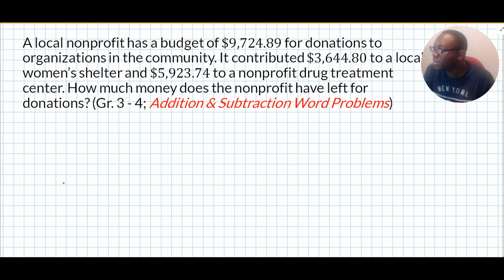It contributed $3,644.80 to a local women's shelter and $5,923.74 to a nonprofit drug treatment center. How much money does the nonprofit have left for donations?